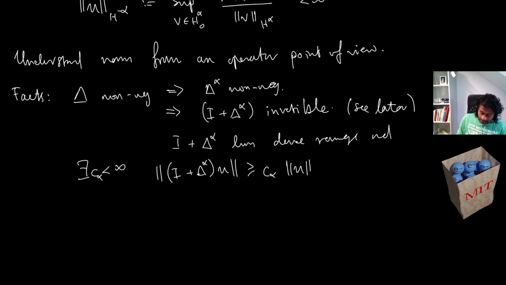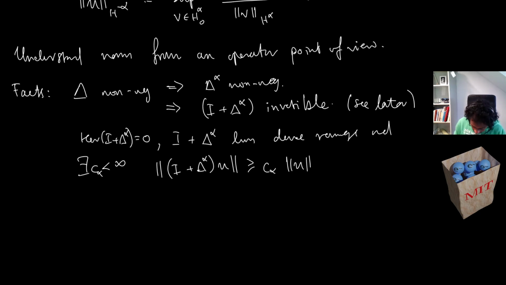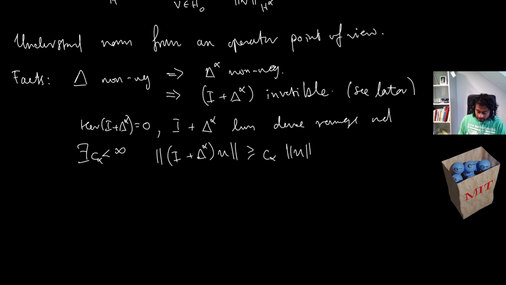So what does that tell us? Because it has dense range and it satisfies such an estimate, I should say it's injective. I forgot to say that it's injective, so the kernel of 1 plus alpha is 0. It has dense range and this inequality is satisfied. So in particular, it means that its inverse has a unique bounded extension. So we denote it by the same thing.